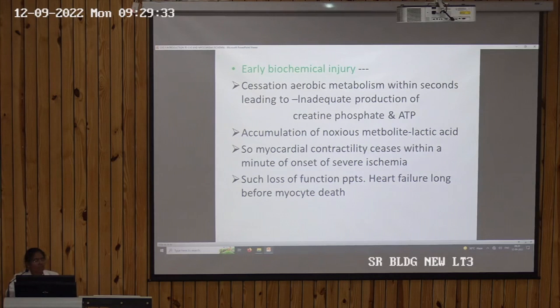Secondly, there is accumulation of noxious metabolites, of which lactic acid is the main one. Because ATP is not there and lactic acid is there, the myocardial fiber will cease to contract and loss of function will precipitate the heart failure.